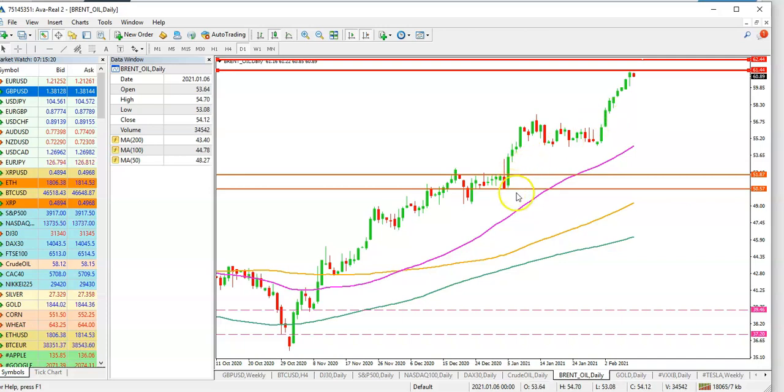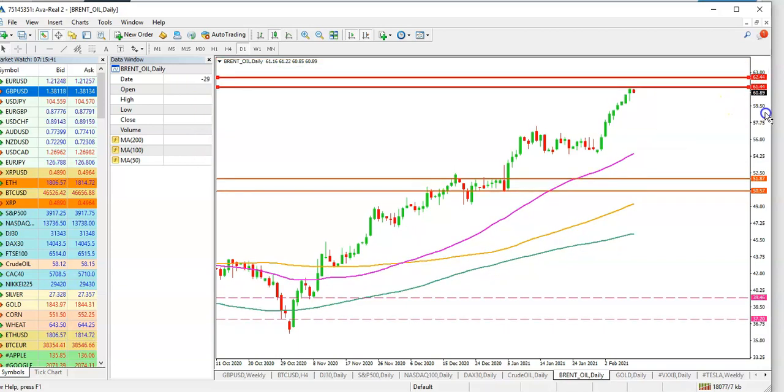We have tried to come close to the 50-day simple moving average, but we haven't had a touch. And as you can see, for the last 1, 2, 3, 4, 5, 6, 7, 8, 9 consecutive days, we have seen prices continuing to the upside without any down day.